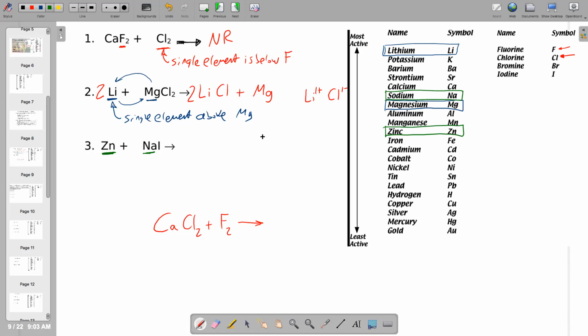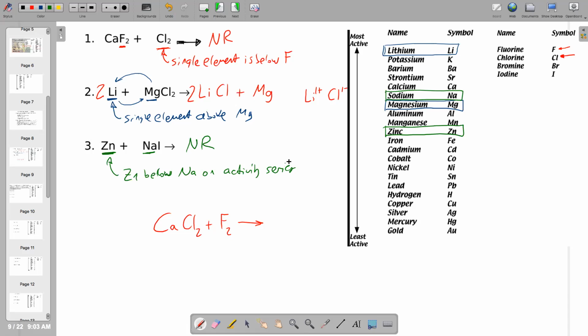Because zinc is below sodium on the activity series, no reaction takes place. So that's how it goes.